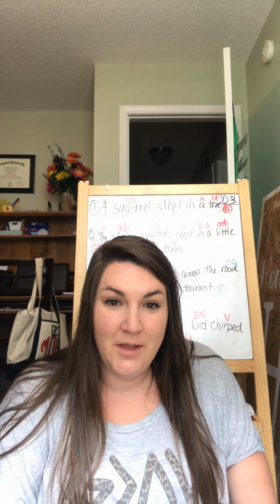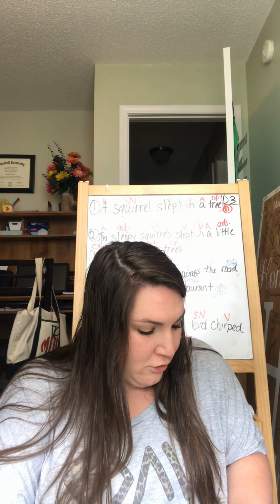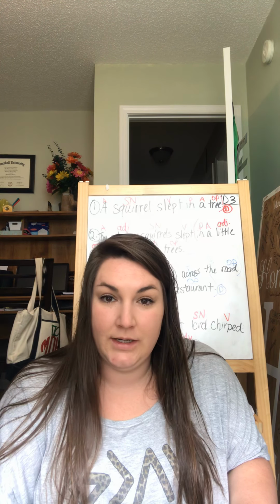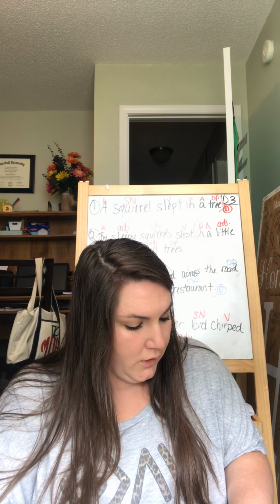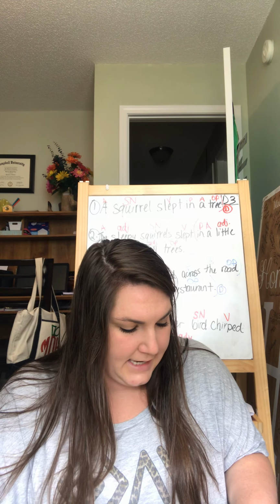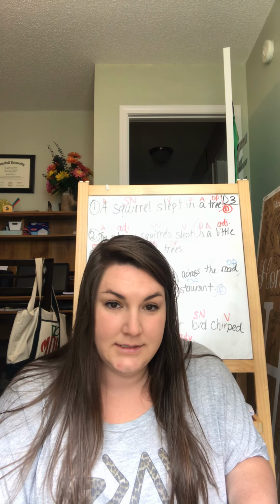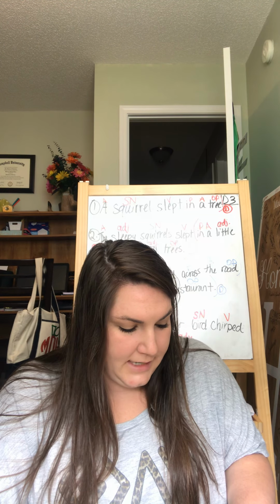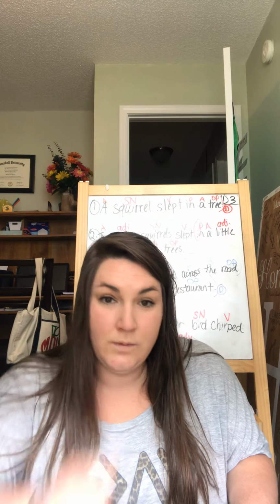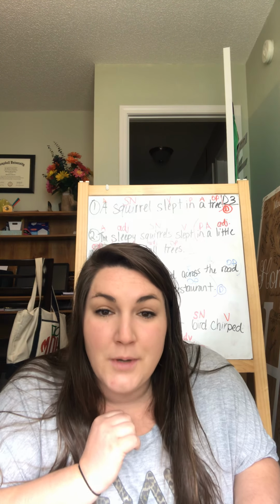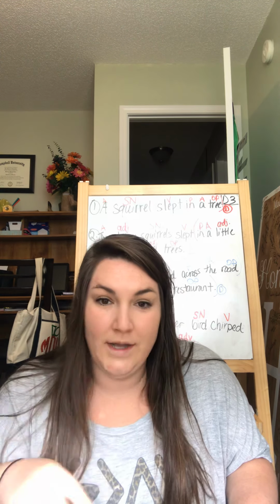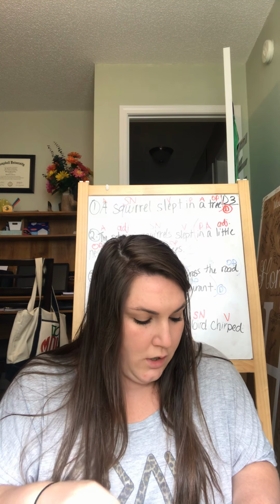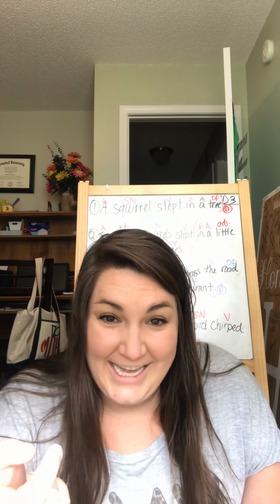Number 3. Moving right along. We drove to town and ate at the new restaurant. Read it with me. We drove to town and ate at the new restaurant. Now we say, who drove to town and ate at the new restaurant? We. Subject pronoun. What's being said about we? We drove and ate.